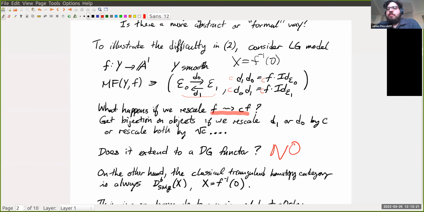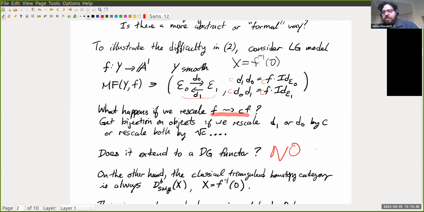What exactly happens is you can do some kind of clever rescaling, and if you think in terms of A infinity operations, it rescales the A infinity operation mu D by C to the 2 minus D. So mu D goes to C to the 2 minus D mu D. It's this kind of scaling that ends up going on, and you can't necessarily trivialize this.